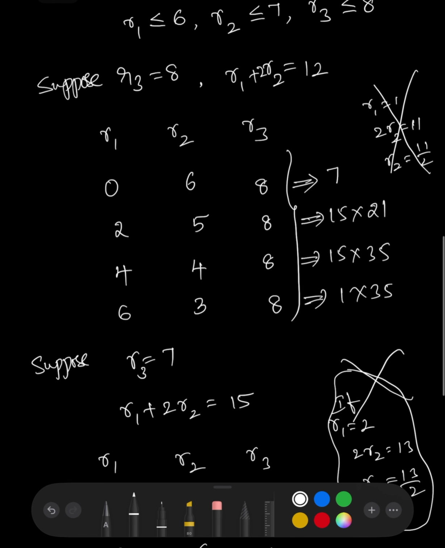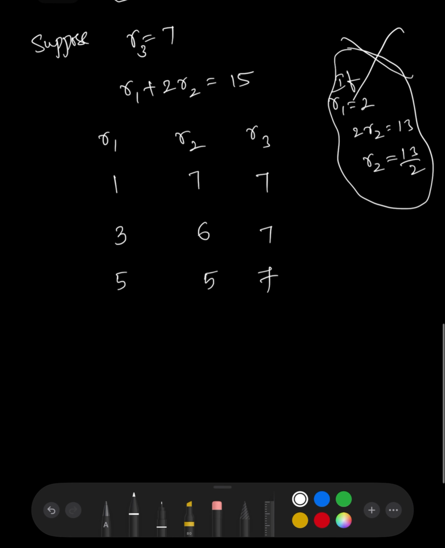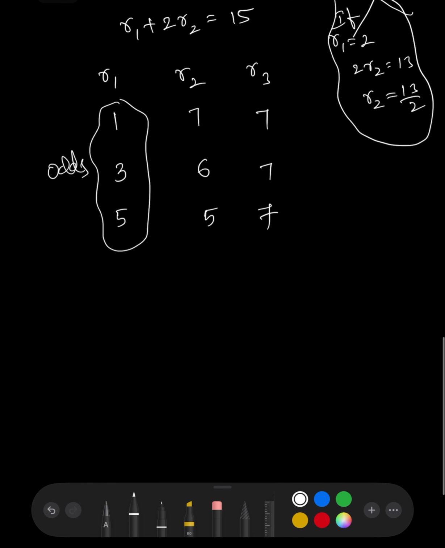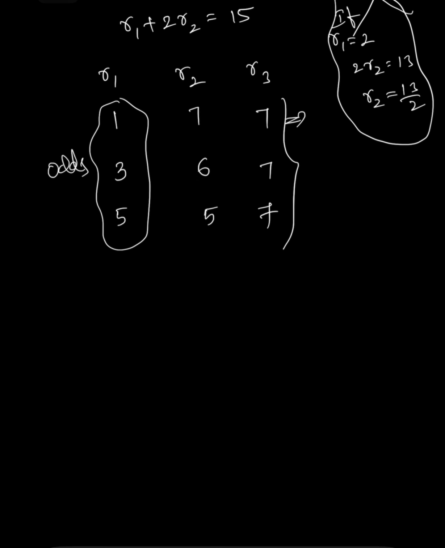Now move on to the question. Here r1, r2, r3, with r1 odd. Based on this, I can write 6C1, 7C7 and 8C7.